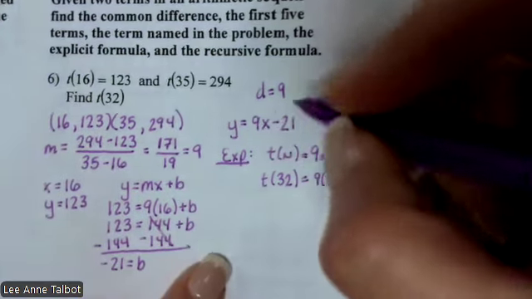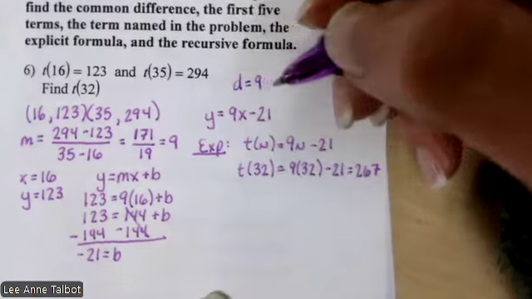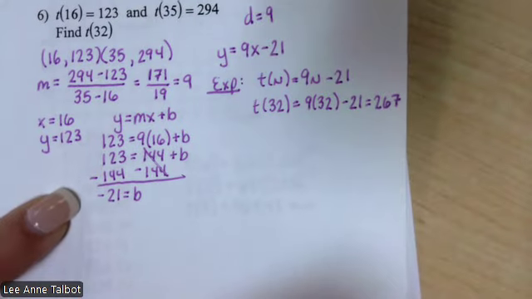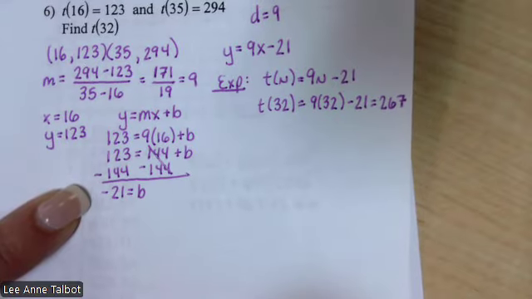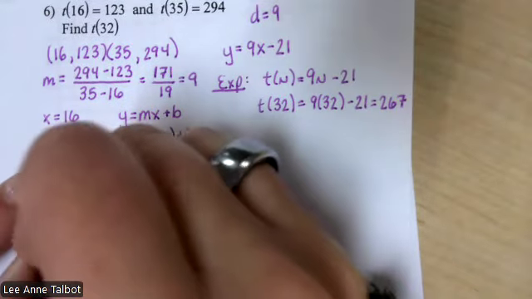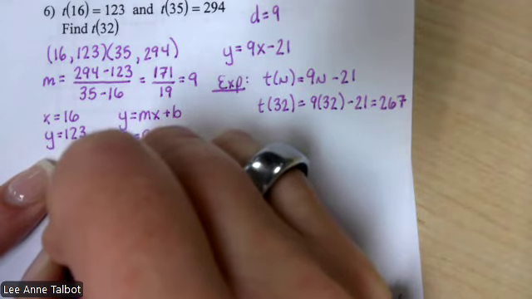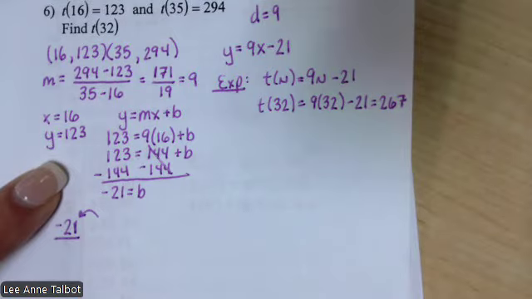Okay, so what is term 0? Let me give you a hint. What is term 0? Negative 21. Okay, and I'm going to put that on a blank with an arrow going like this. Does that make sense to you guys? Okay, now they're going up 9 each time.